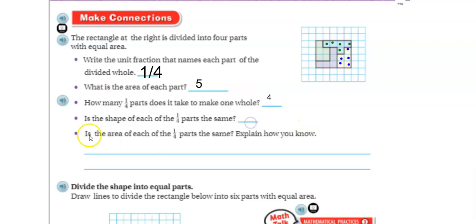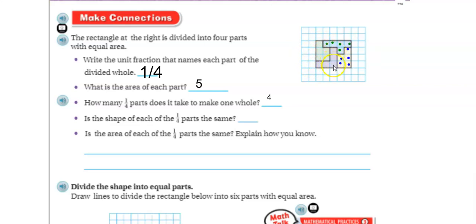So this next one, it says, is the shape of each of the 1/4 parts the same? Well, absolutely not. You can see that they are not all the same. So if you look, is the shape of each 1/4 the same? It doesn't say same amount of space, it says the shape. So absolutely not.